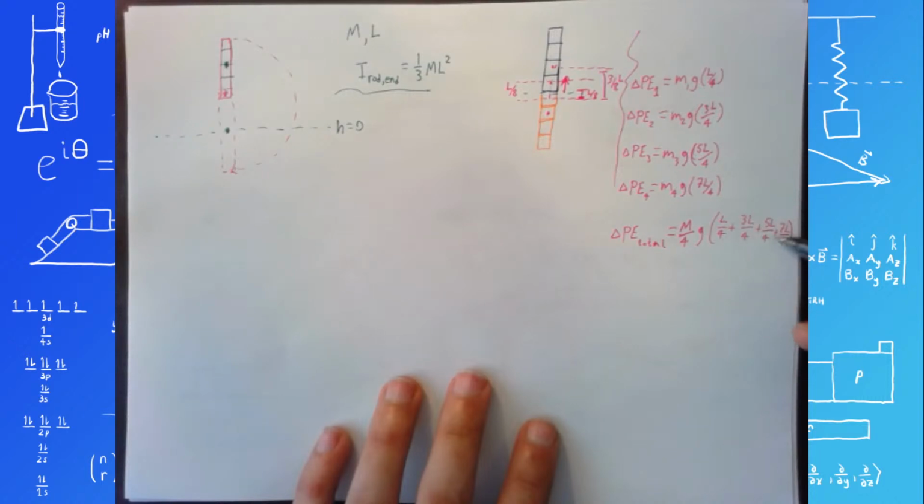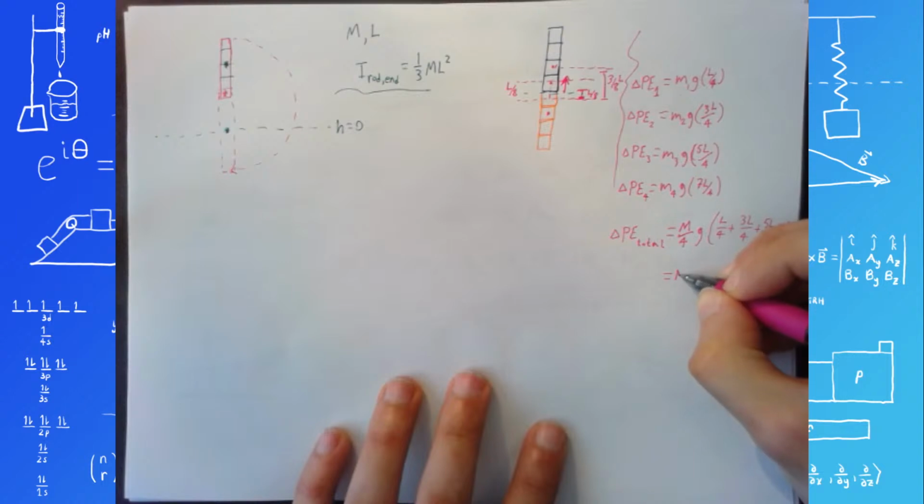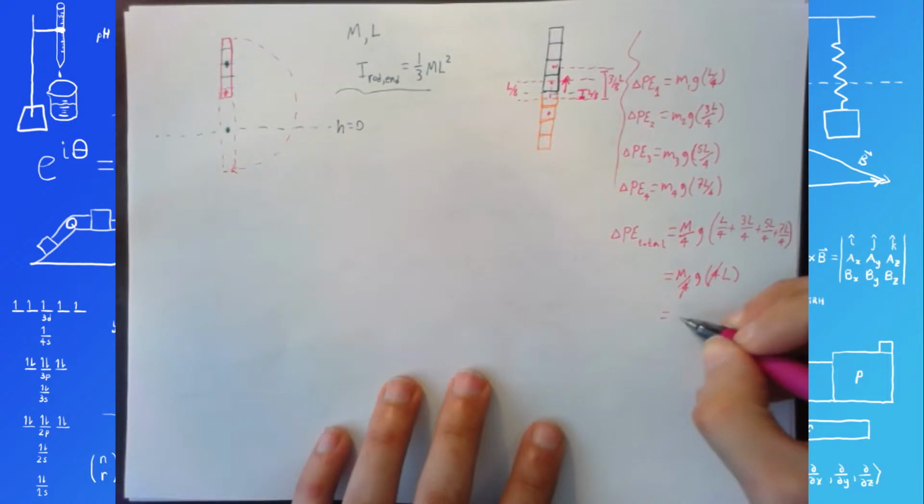They all have the same denominator, which means I can add the numerators directly. 1 plus 3 is 4, plus 5 is 9, plus 7 is 16. So I've got 16L over 4, or 4L. So I get M over 4 times G, all times 4L. These 4's cancel out, and I'm just left with MGL.